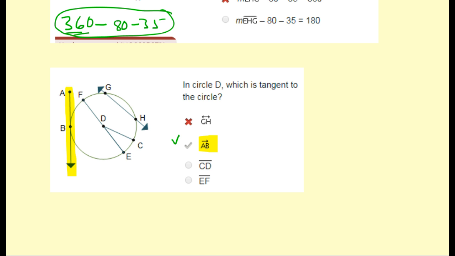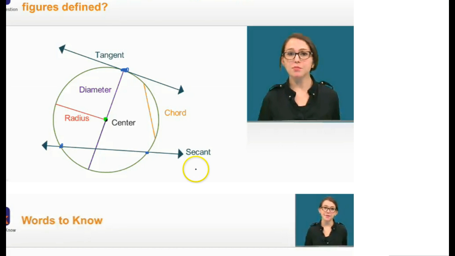And just in general, make sure you study this image and make sure you're familiar with each one of these vocabulary words. We discussed many of them in the video, but for example, we didn't mention what a chord was. A segment whose endpoints are on the circle. So make sure you know this vocabulary.